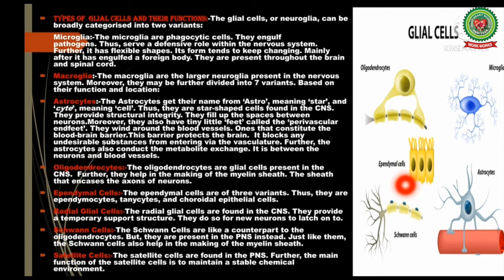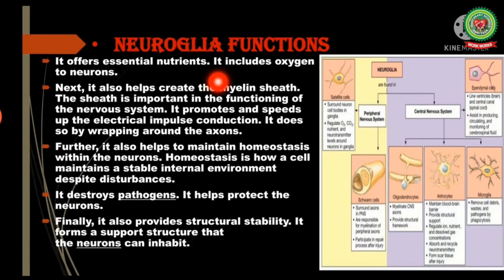Schwann cells are like counterparts to the oligodendrocytes, but they are present in the peripheral nervous system instead. Just like them, the Schwann cells also help in making the myelin sheath. Then there are satellite cells. Satellite cells are found in the peripheral nervous system, and their main function is to maintain a stable chemical environment.